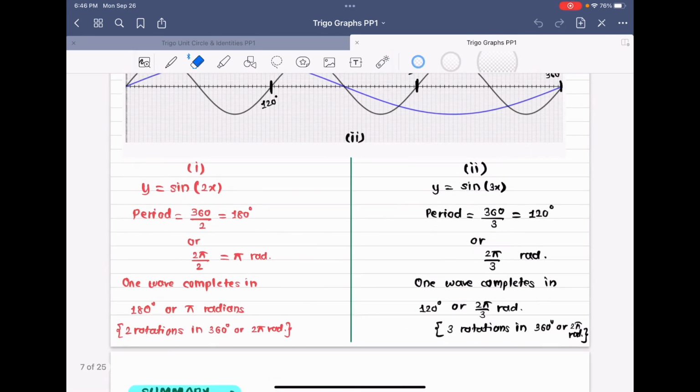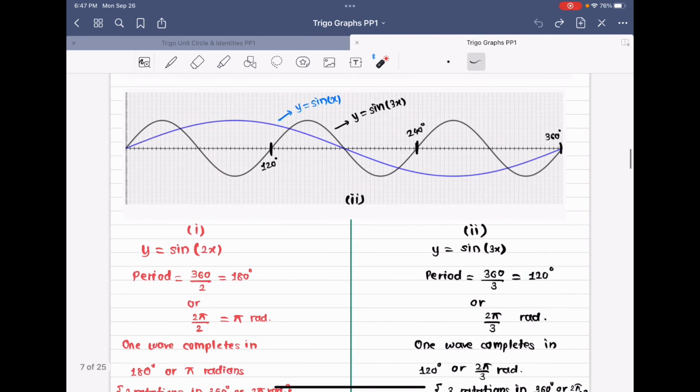Or if it is in radians, 2 pi over 2, that is pi radians. Pi means 180 degrees. So one wave completes in 180 degrees or pi radians. So 2 rotations in 360 degrees or 2 pi radians. So this stands for the number of rotations.